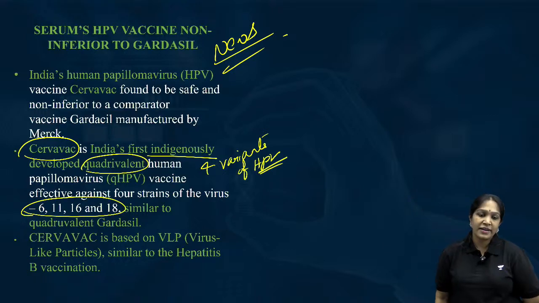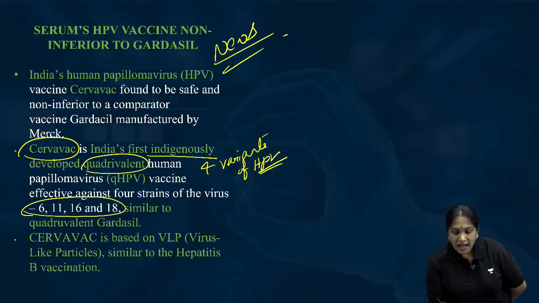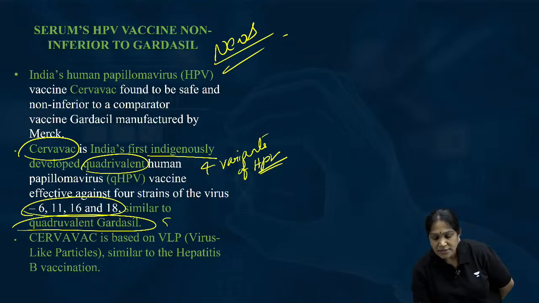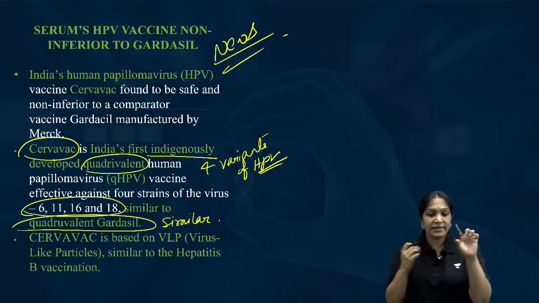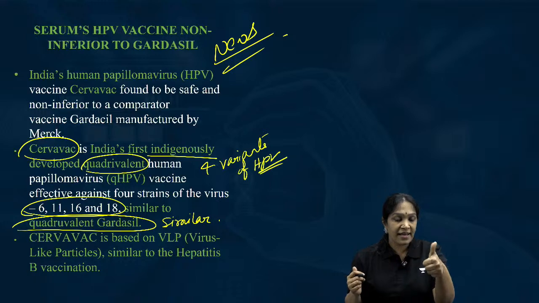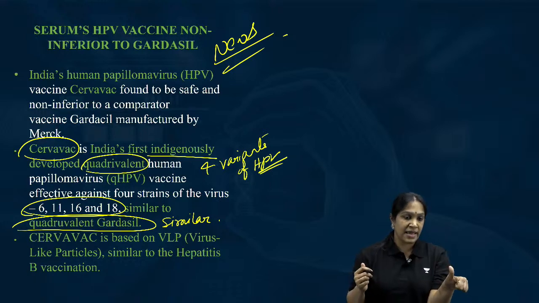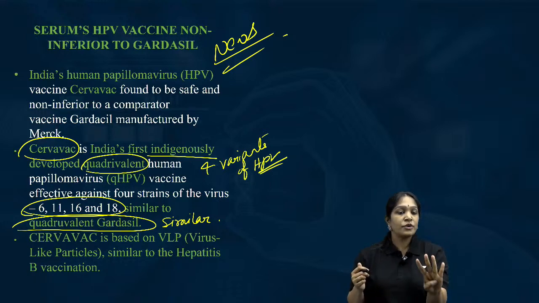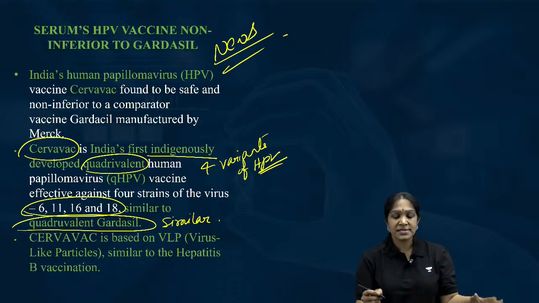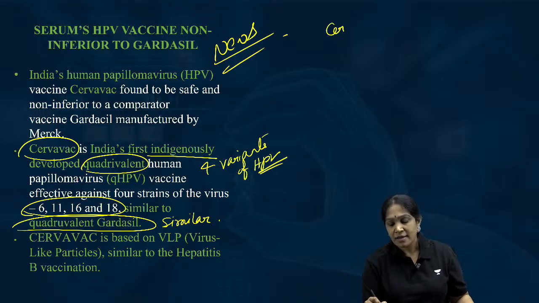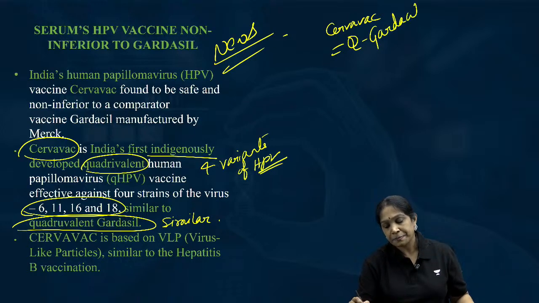These are the 4 variants. Quadrivalent Gardasil is also similar. Cervavac and Gardasil are the company names. Quadrivalent is the type, they both are similar. So, Cervavac is equal to quadrivalent Gardasil.